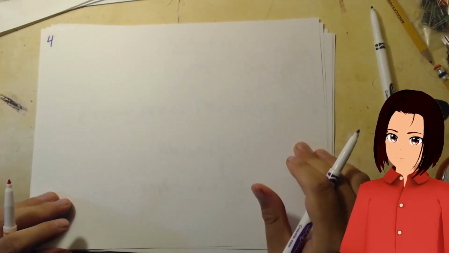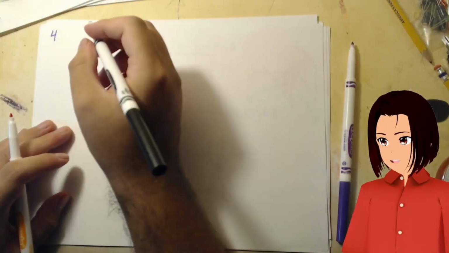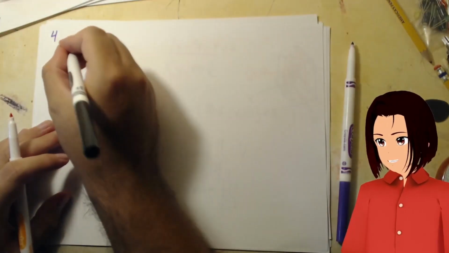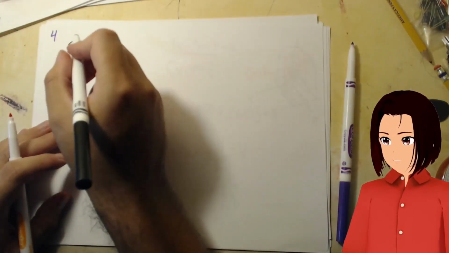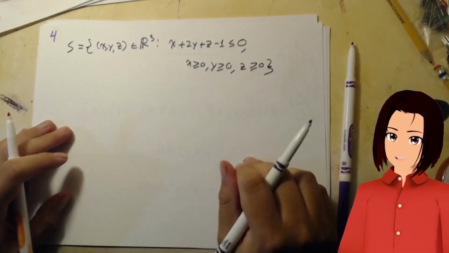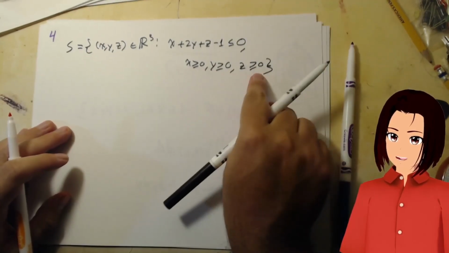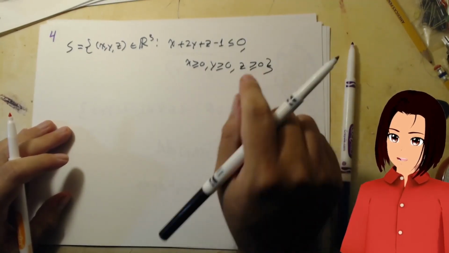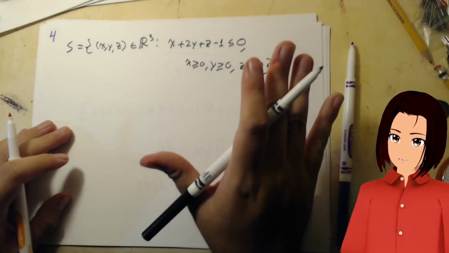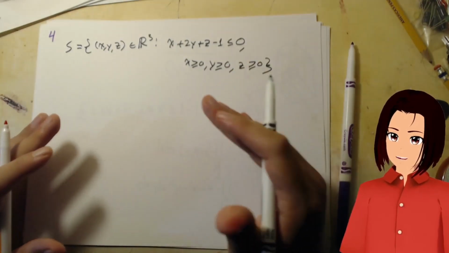So here's something similar to the problem that you're facing. We have some tetrahedron S, defined as such. The reason why it's a tetrahedron is because of these boundary conditions right here, which basically means we have a slanted plane, but it's in the first octant, and that's what we're interested in.